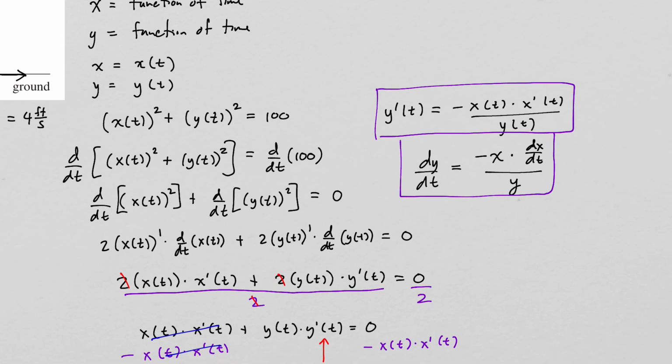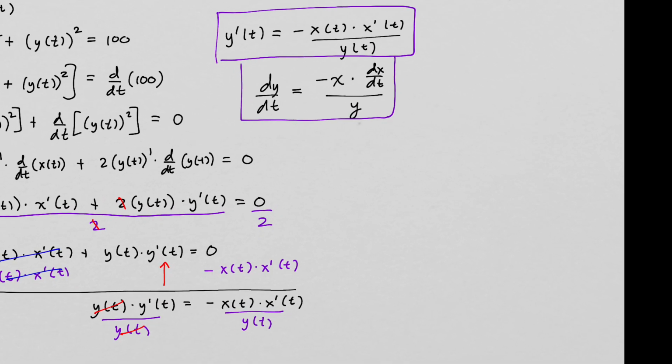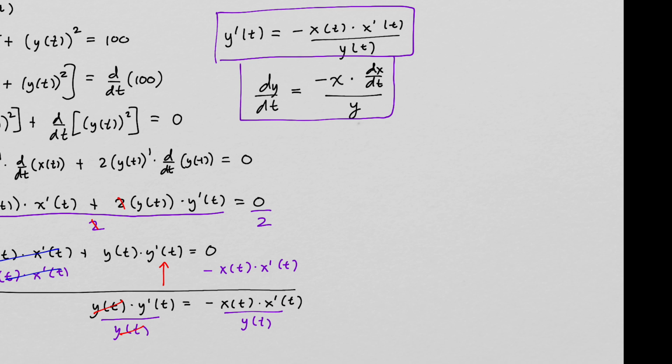So now I can come back to my formulas and I can plug everything in. So we were told that x was 6 feet from the wall. We just figured out that y is 8 feet from the floor. And they told us in the beginning dx/dt is 4 feet per second.